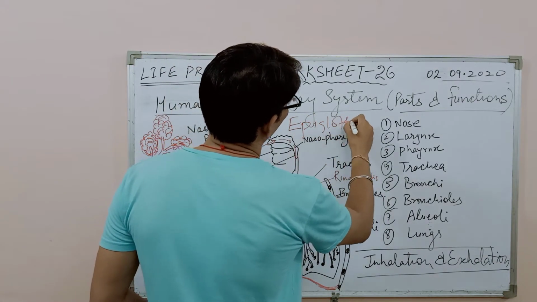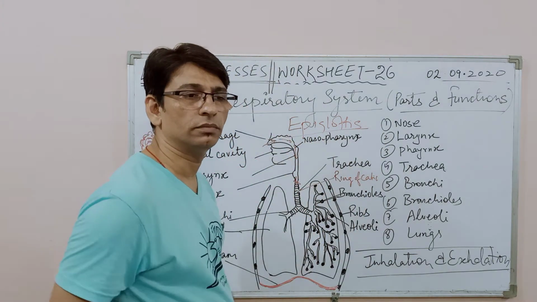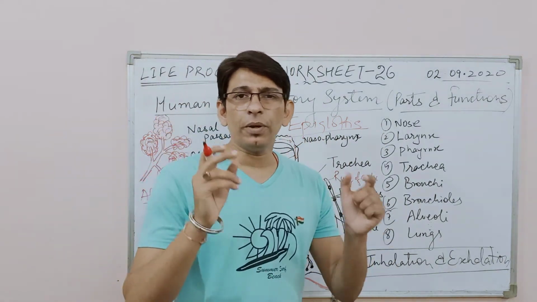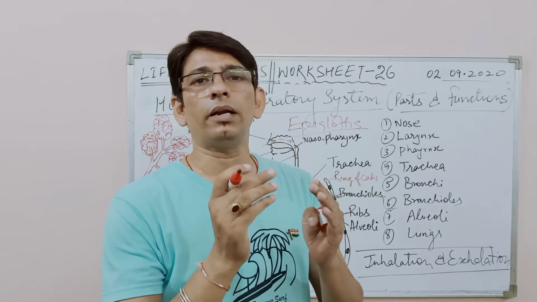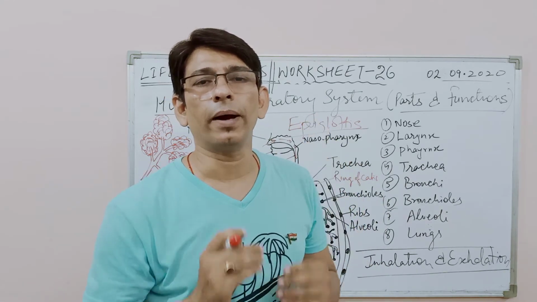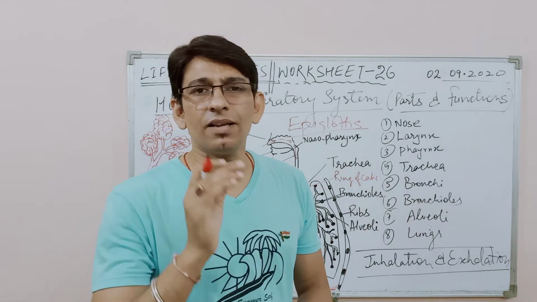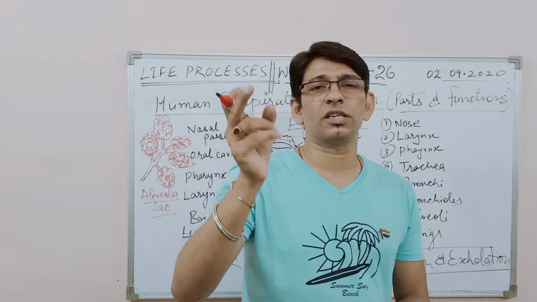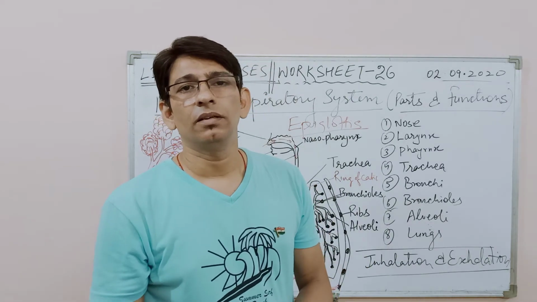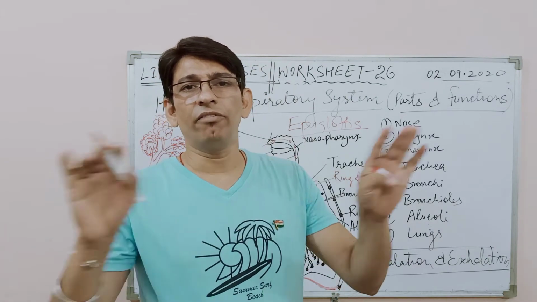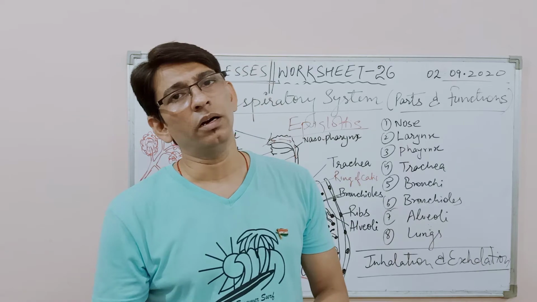What is the function of this epiglottis? Epiglottis prevents the food particles from entering into your windpipe. It is under the control of the central nervous system, so adults always advise not to divert your mind while eating or drinking.